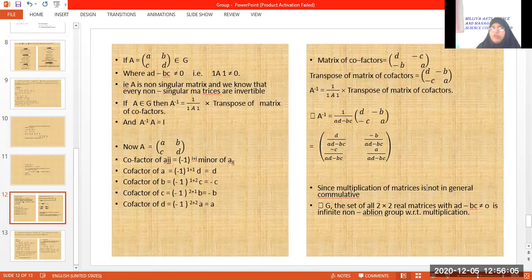Since multiplication of matrices is not in general commutative, therefore, the set G of all 2 by 2 real matrices with AD minus BC not equal to 0 is an infinite non-abelian group with respect to multiplication.